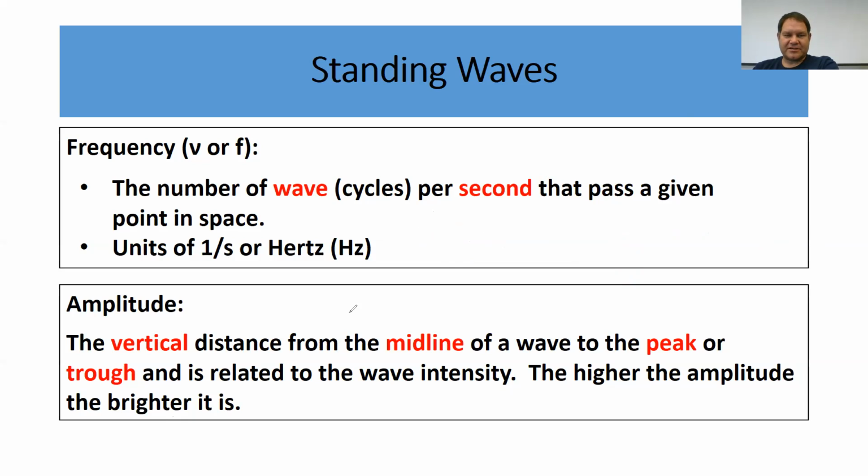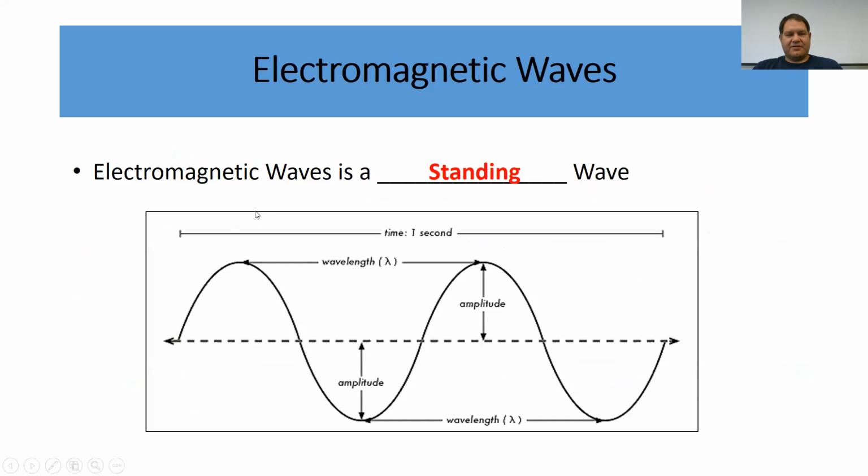All right, and then we've talked about amplitude already. All right, so let's move on here. So I've already talked about that a standing wave is considered a big aspect of the nature of light. Light tends to have a nature of standing waves.